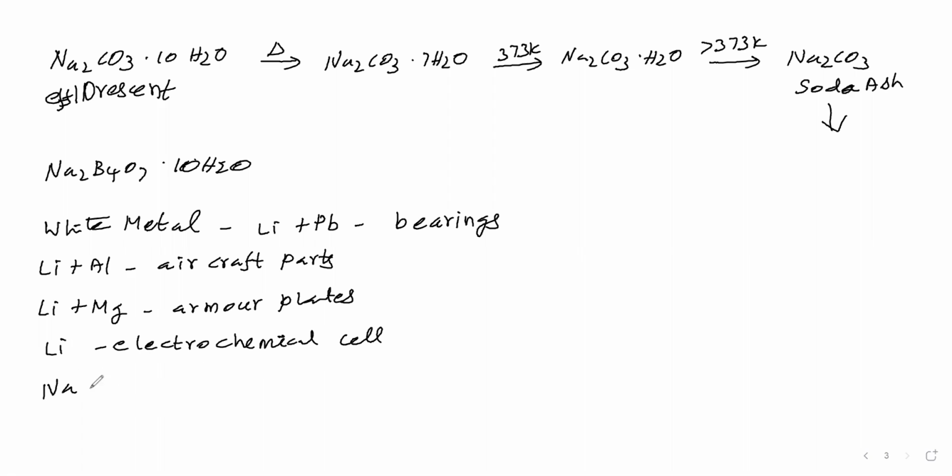Then sodium plus lead alloy is used for preparing tetraethyl lead, PbEt4, and tetramethyl lead. Now we are taking liquid sodium, that means molten sodium.